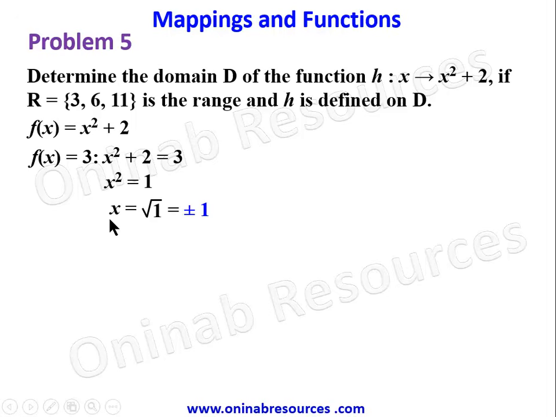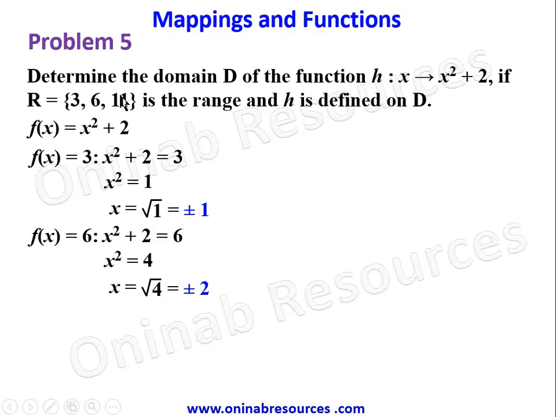And the second element in the range, which means f(x) is equal to 6, which means x squared plus 2 will be equal to 6. So solving this, take this to the right hand side, x squared will be equal to 4, and x is the square root of 4, and that will give us positive and negative 2.